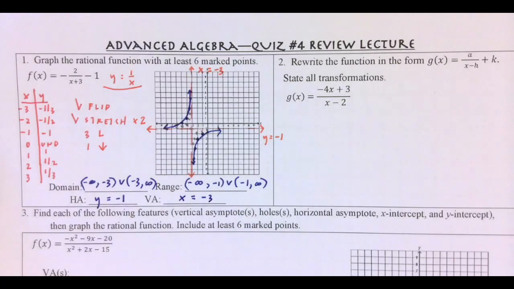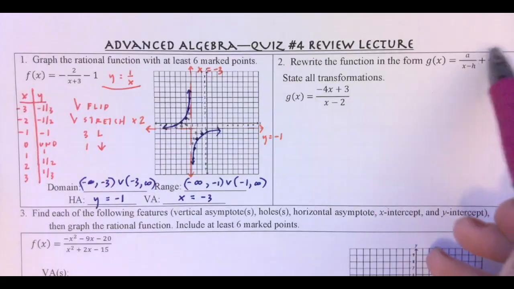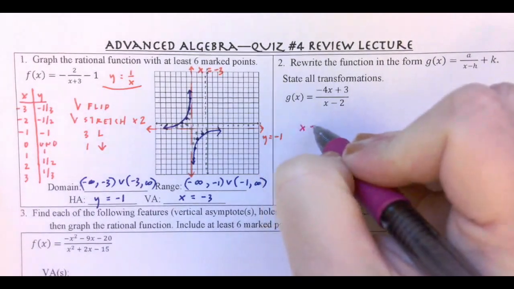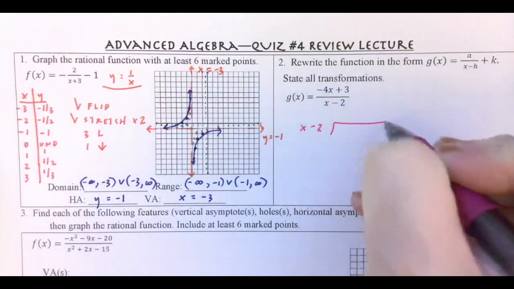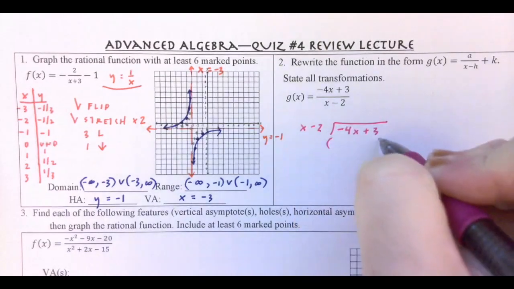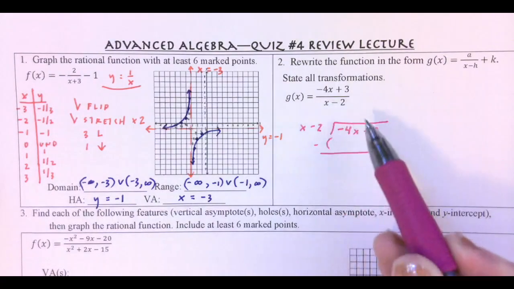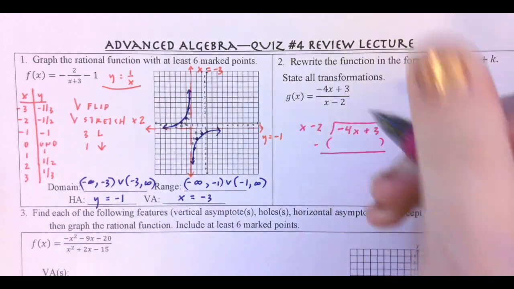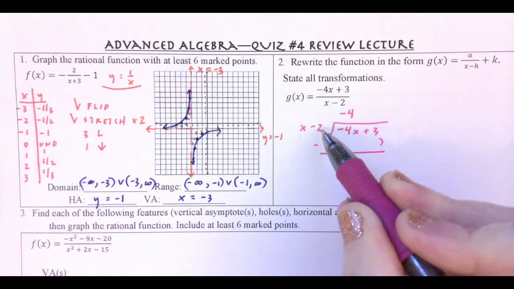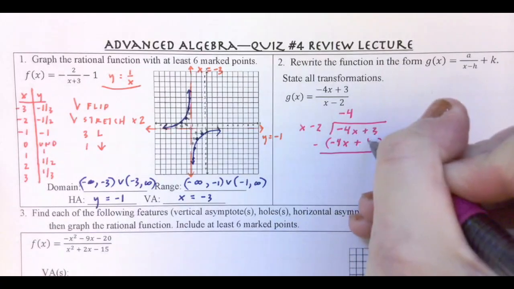Okay, next I need to use long division to rewrite this function in transformation form. So here I'm going to take that x minus 2, I'm going to divide it out of the -4x plus 3. Build the structure. Okay, so now x times what is -4x? Well, -4. Okay, multiply it back over these two terms, and we get -4x plus 8.